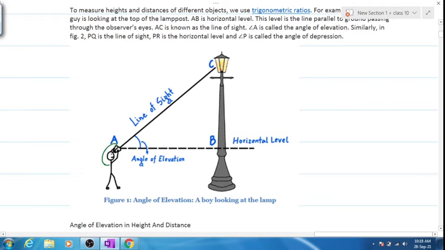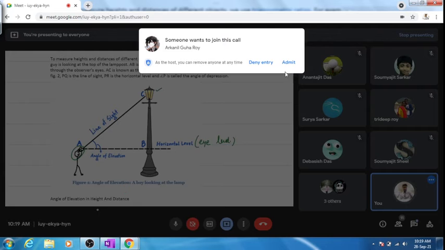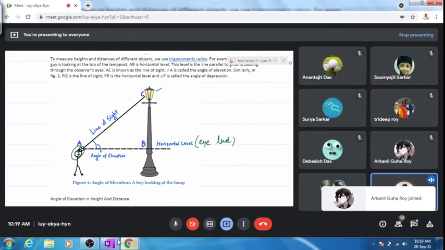This is, let's say, Shamojit Lahiri, and this is the top of the lamp post, and this is the horizontal level. Horizontal level is basically eye level, okay? Wherever your eye is, that will be considered as the horizontal level. Clear? So this will become your angle of elevation.